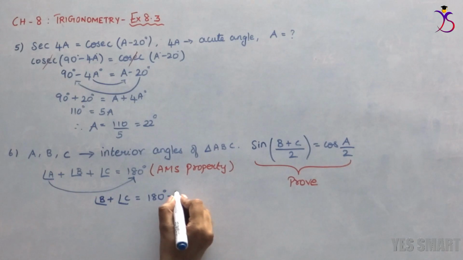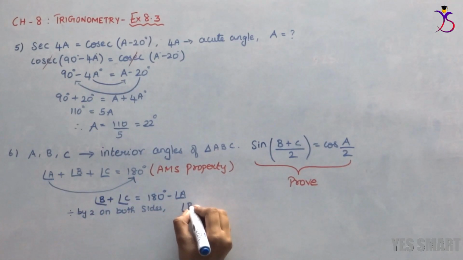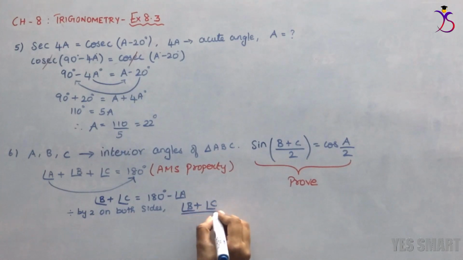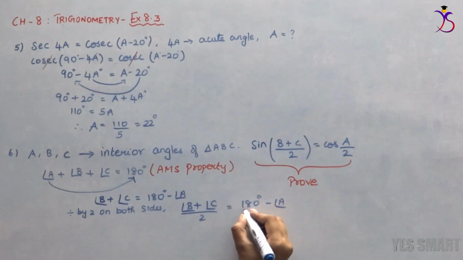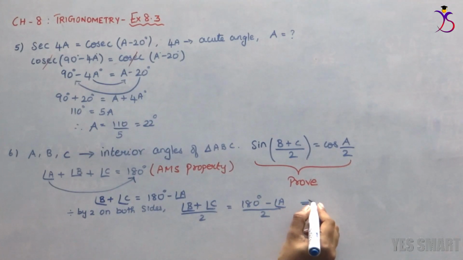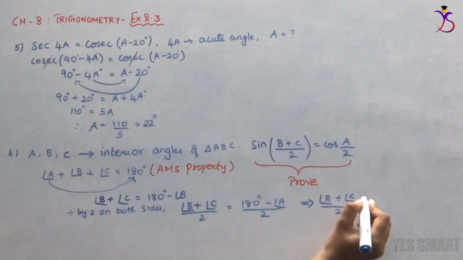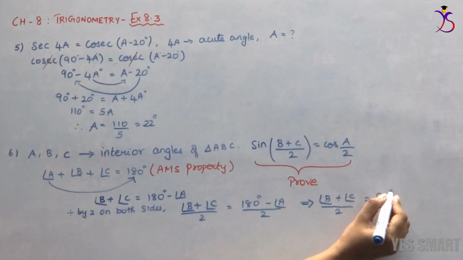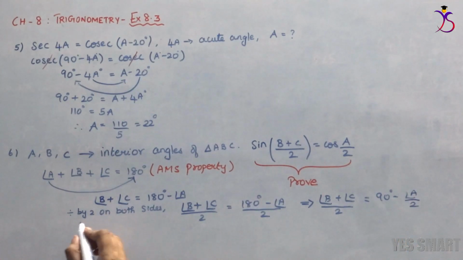Now I am just dividing the entire equation by 2 on both these sides. Therefore, (angle B plus angle C) by 2 equal to (180 degrees minus angle A) by 2. While solving this, (angle B plus angle C) by 2 will remain the same. This will be equal to 90 minus angle A by 2, because 180 by 2 is 90 degrees and this angle A by 2 I'm just keeping as it is.